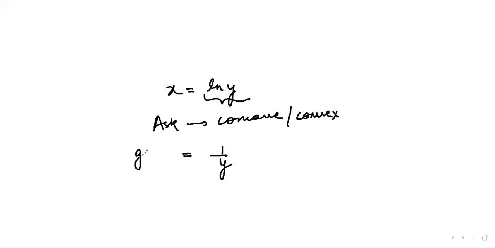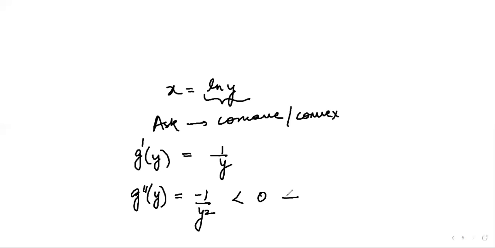This will be its first differentiation. If I double differentiate this function, this is going to be minus 1 by y square. And this is going to be less than 0 for all values of y. It's not defined at 0, I understand that, but otherwise it's less than 0. So can I say that this is strictly concave?